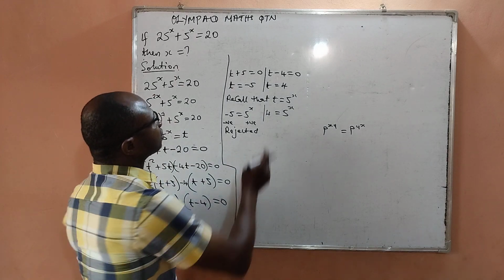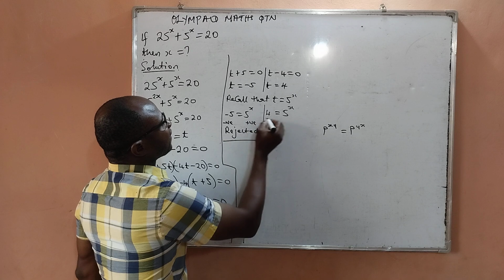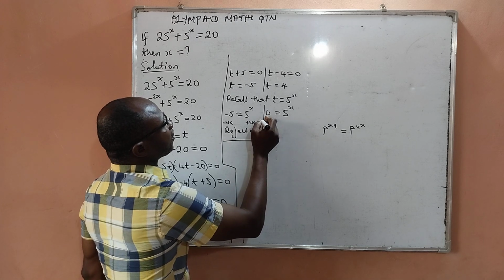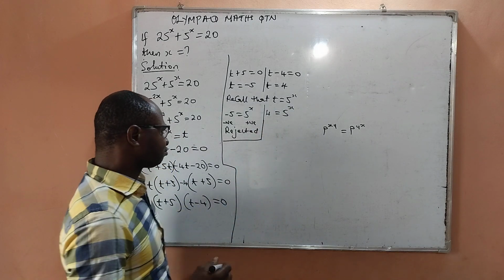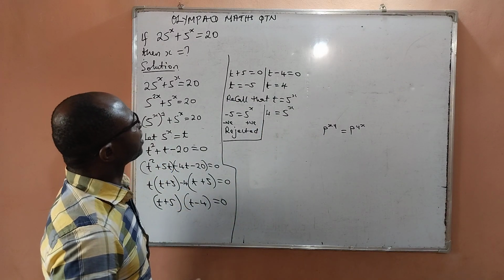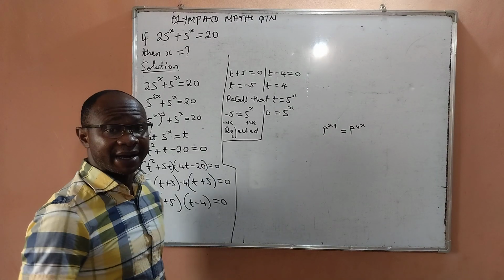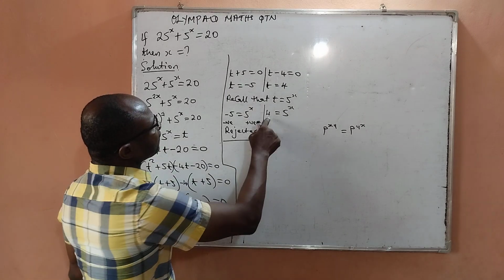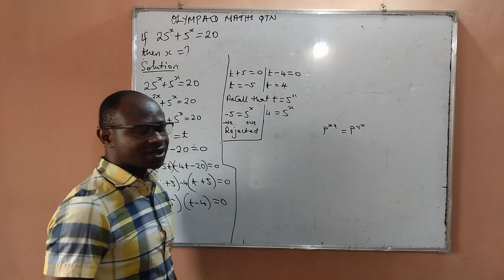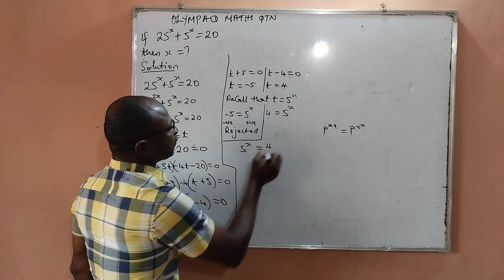Now we can carry on with 4 is equal to 5 raised to the power x. But then at this point, what next should I do? I think we now go by applying logarithms to both sides. 4 is equal to 5 raised to the power x, so we put it down: 5 raised to the power x is equal to 4.